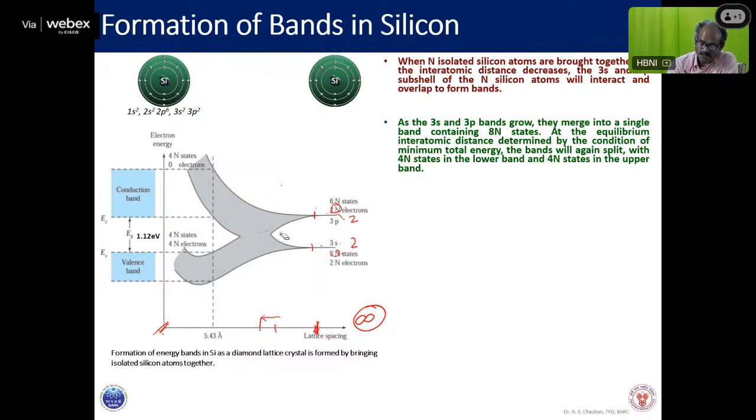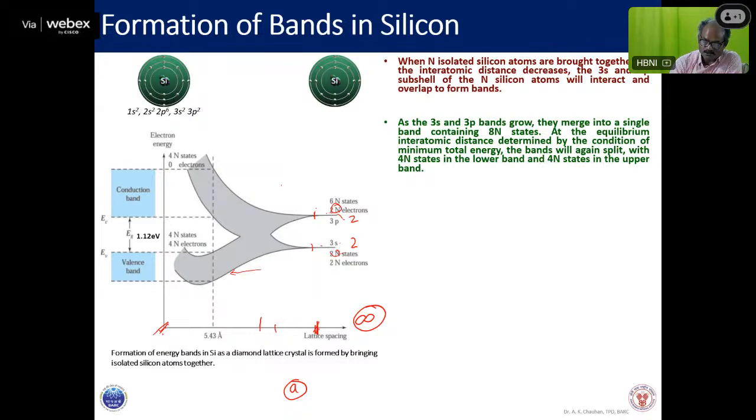So if silicon was crystallized at a distance where the interatomic distance between all the silicon atoms was this much, silicon should have behaved as a perfect metal. But that is not the case. So now we further come here.